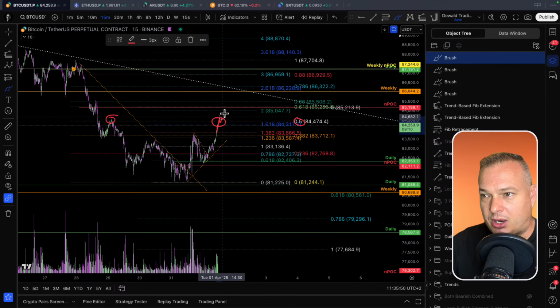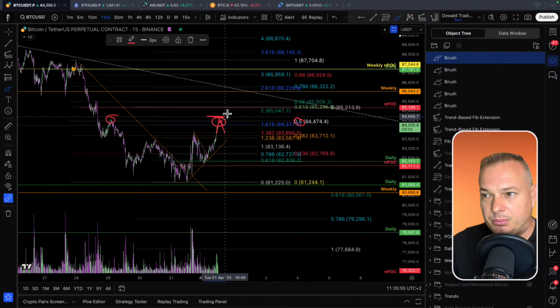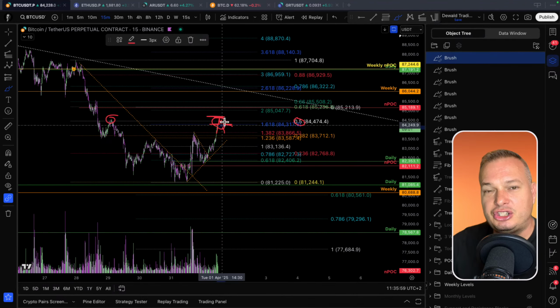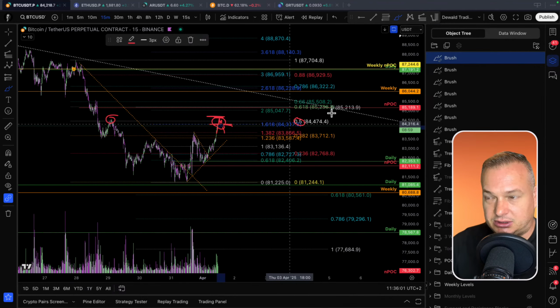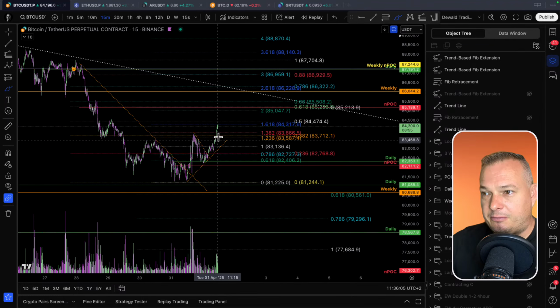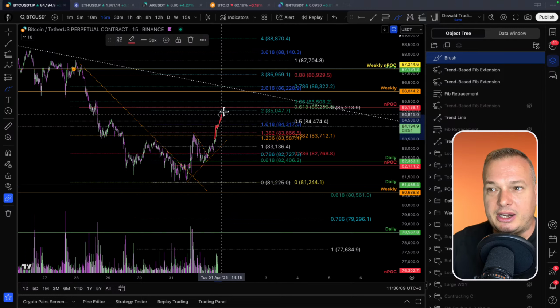I want to see price do this, so I know where to put my stop loss. If price is trading below this area, that shows weakness. If price does not show weakness and continues to the upside, trading above my area of interest, then I'm not interested in a short.